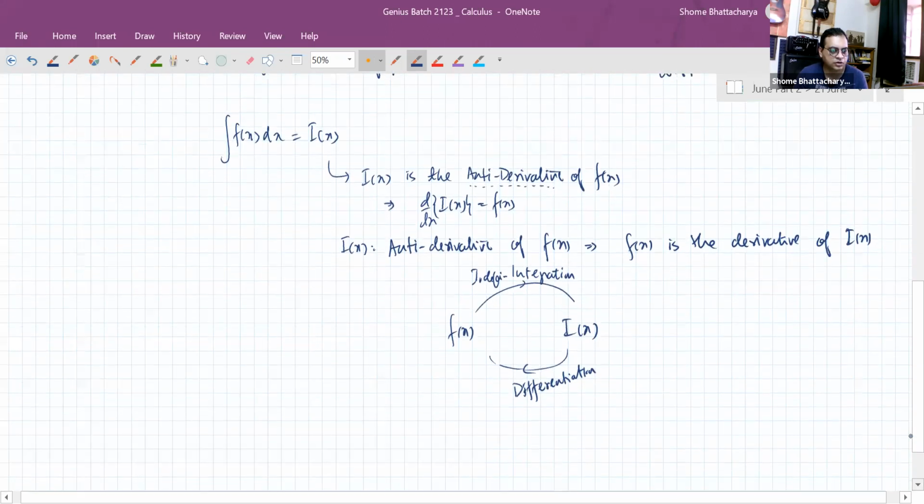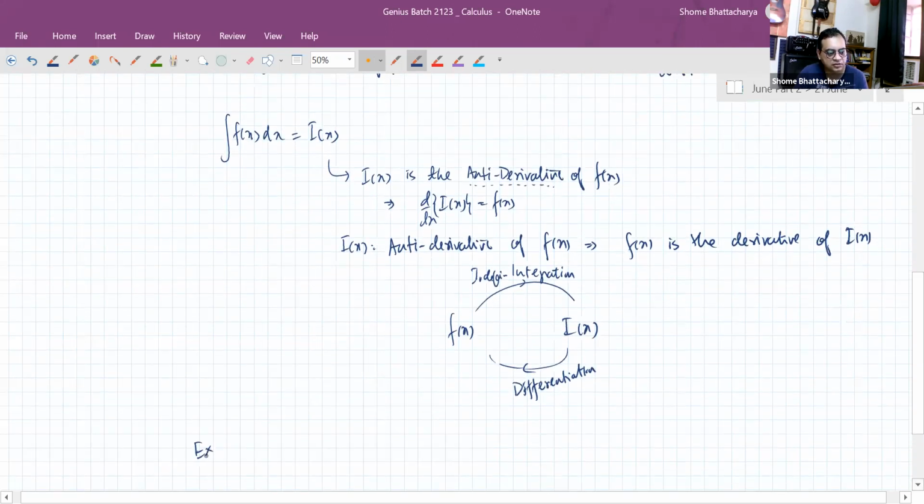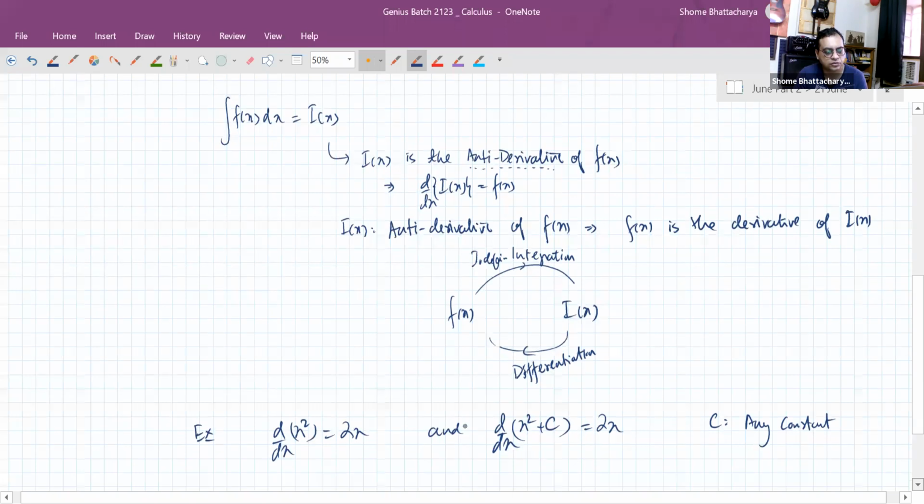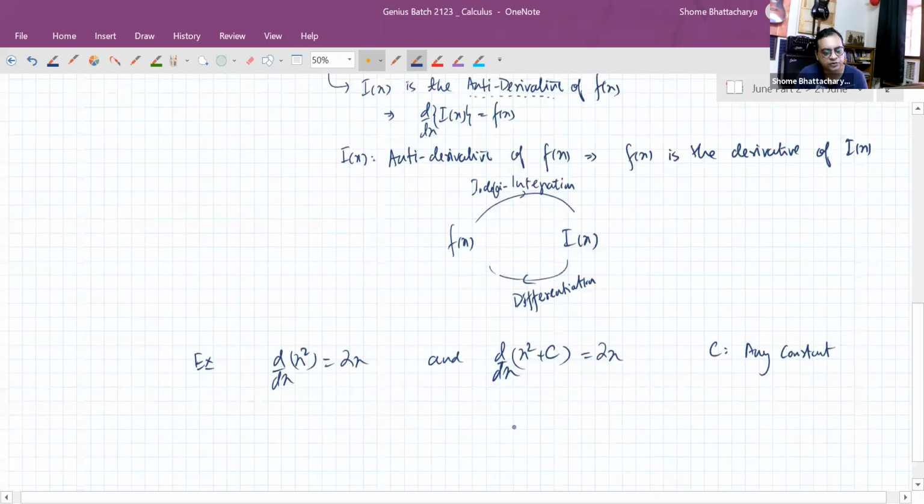So now, for example, we'll take a very basic thing: differentiation of x squared is equal to 2x. But also differentiation of x squared plus any constant c is equal to 2x, where c is any constant. So integration of 2x in general will become x squared plus c.